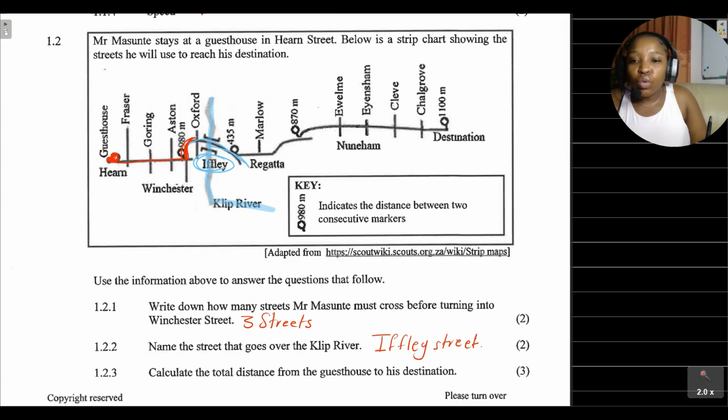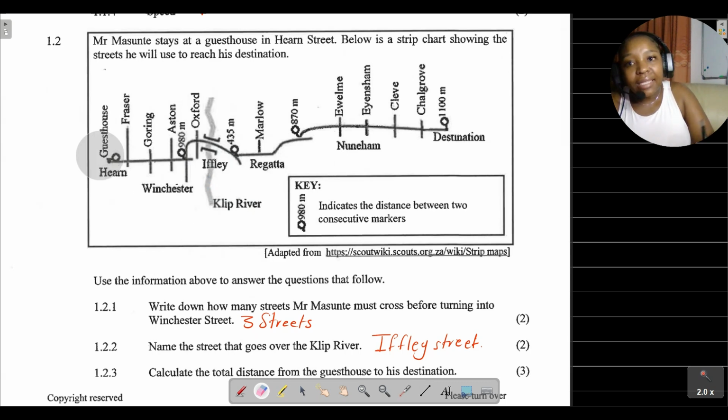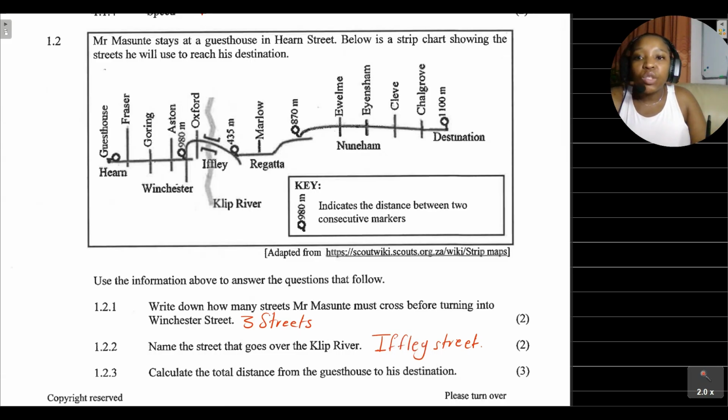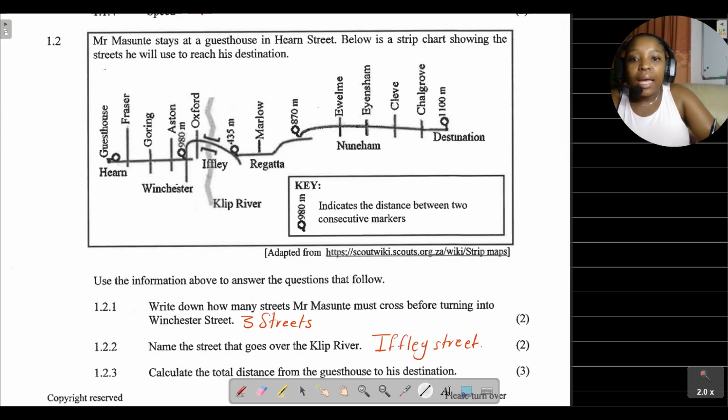Question 1.2.3. Calculate the total distance from the guest house to his destination. So we want to see, from the guest house to his destination, what is the total distance? I already discussed with you how we need to go about getting the total distance. Remember, the distance between the 2 points is indicated by those circular markers.